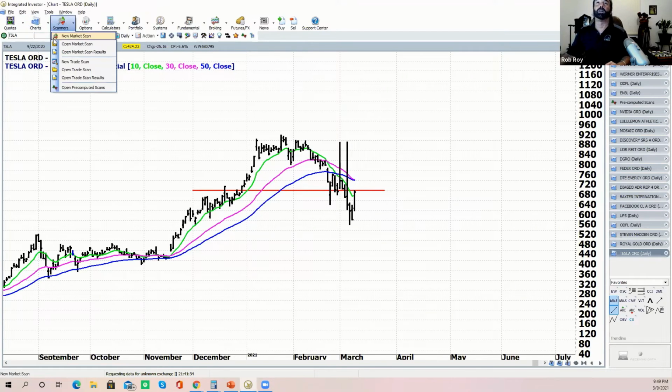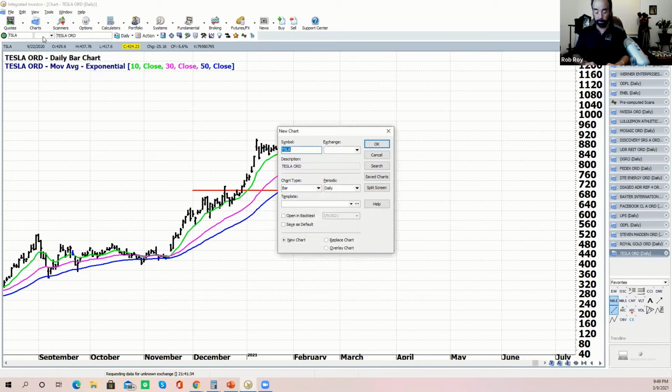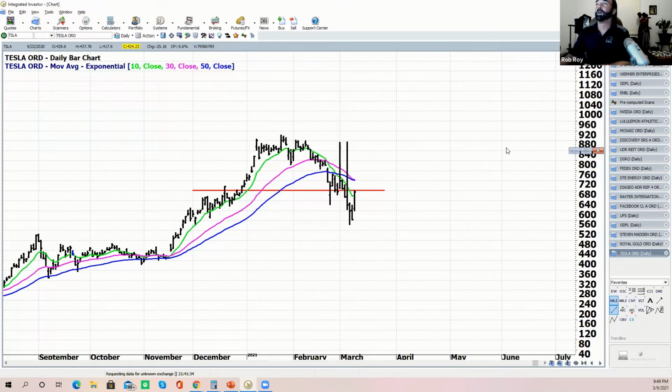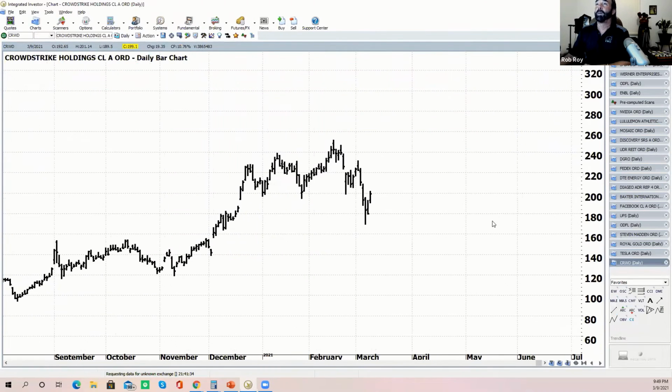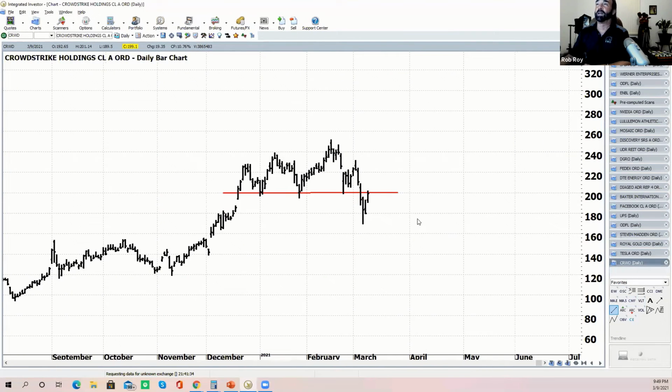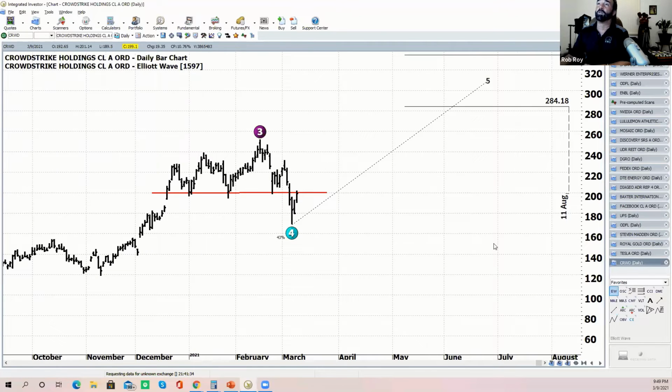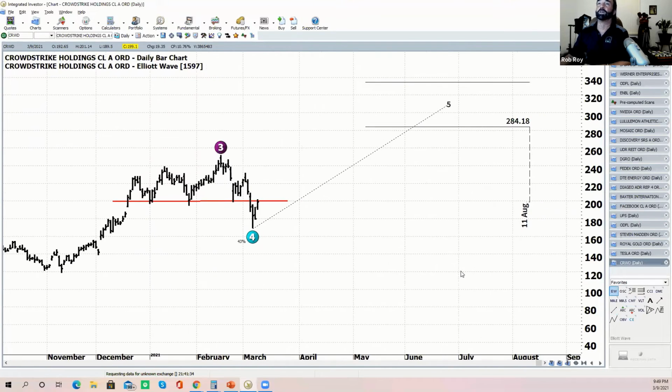CRWD, CrowdStrike. Here's another one. I mean, today was a nice day for a lot of stocks, but basically what we did was correct oversold conditions.